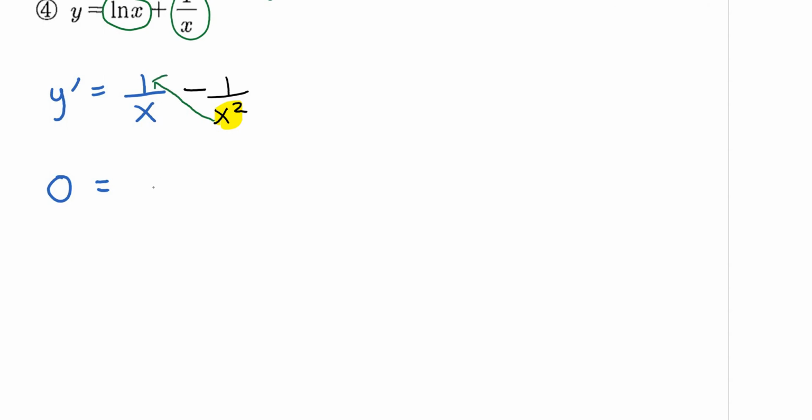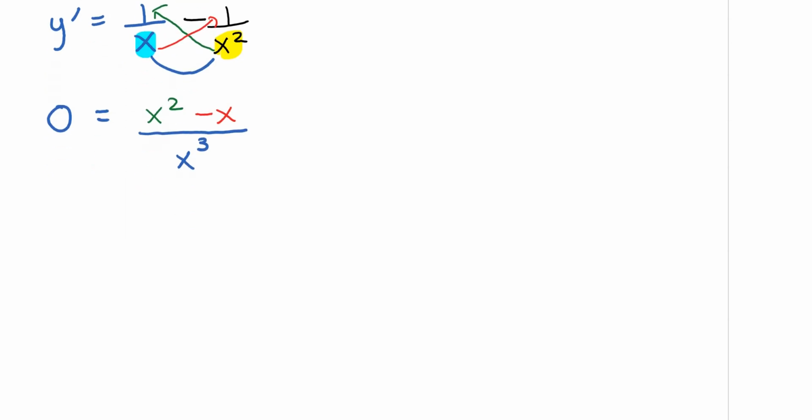So 1 times x squared is x squared, and then you can multiply this x with this -1, giving you a negative x, and then finally you multiply the denominators together, giving you x times x squared, which is x cubed. So that's one way to get a common denominator right away and write this as one entire fraction. And on the numerator, there is a greatest common factor. I can factor out an x, and that would give me x minus 1 all over x cubed.